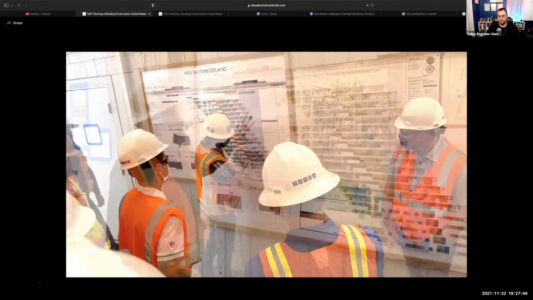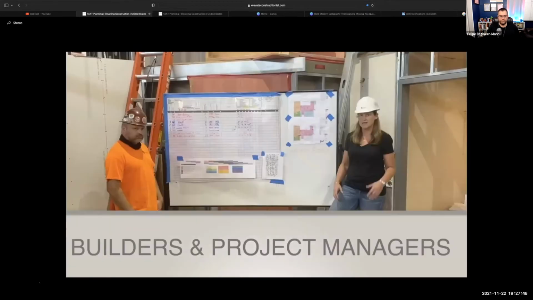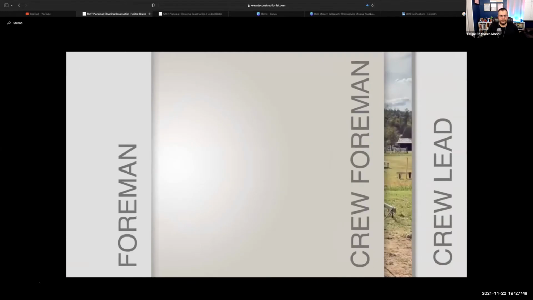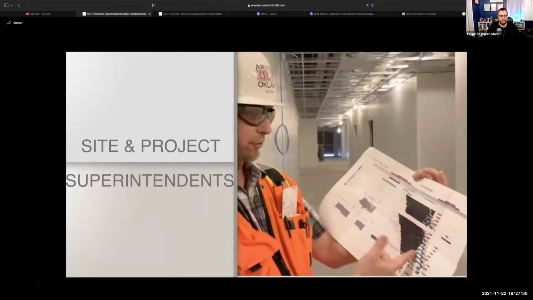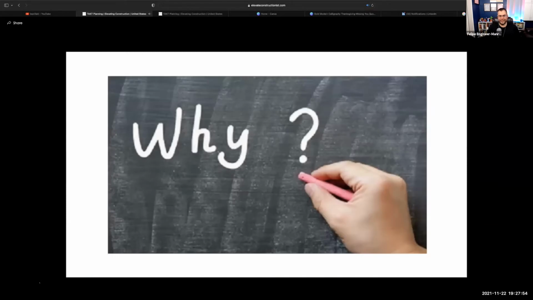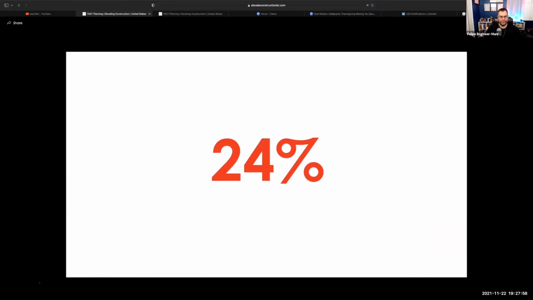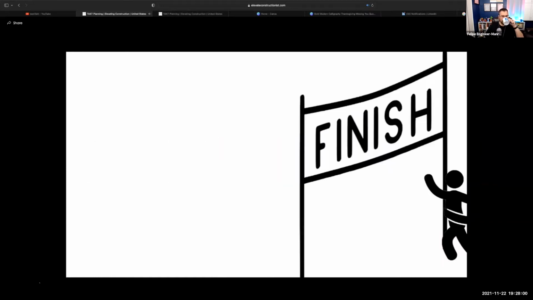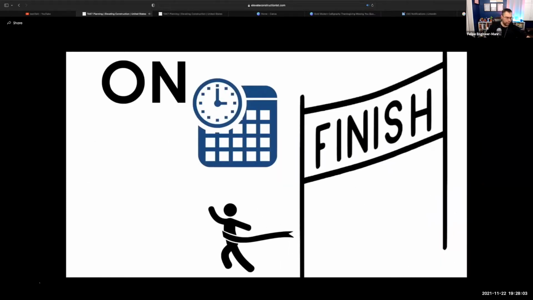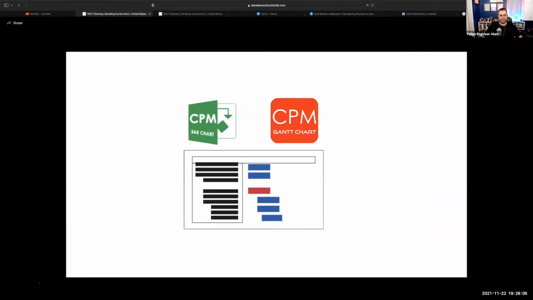Schedules created by people just like the ones you're seeing on your screen right now. But hold on. Why even try this planning and scheduling technique? Well, right now, only 24% of construction projects finish on time. Mostly due to the standard bar and Gantt charts that have not been changed much in the past 60 years.